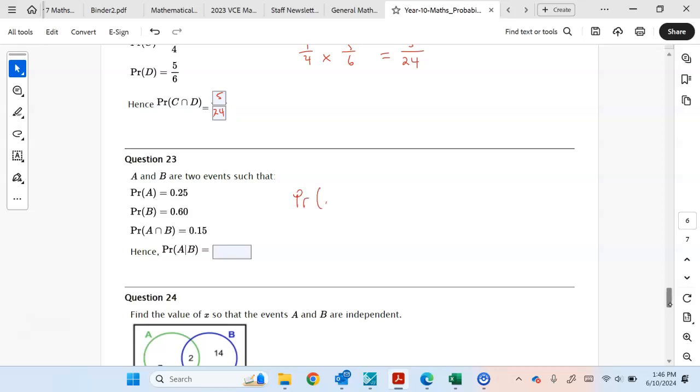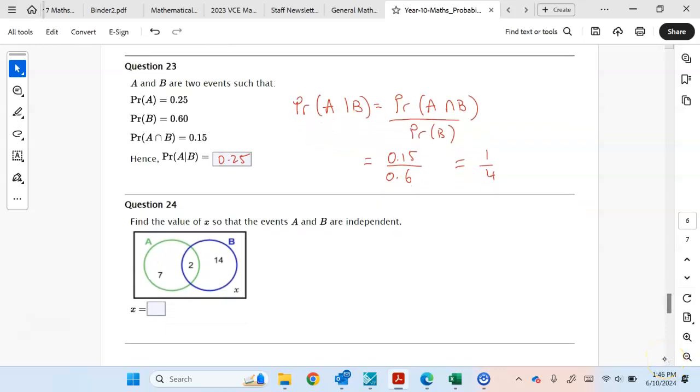A given B is equal to the probability of A and B over the probability of B. So A and B is 0.15, and the probability of B is 0.6. That's 1/4, I think. Let me just check. Yeah. Now it probably wants it as a decimal, so 0.25, because it hasn't got the space there to write 1/4.